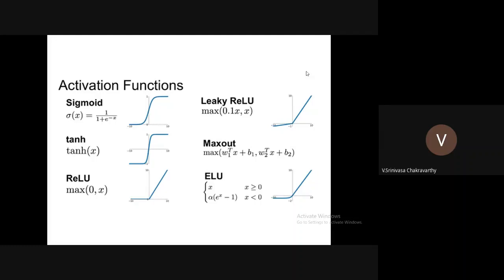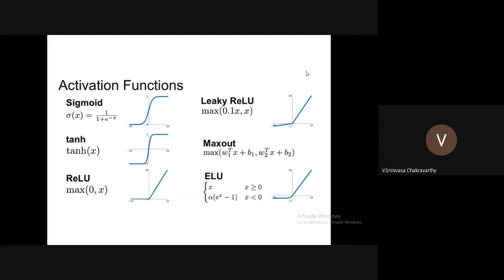So people found another function called ReLU, which stands for rectified linear unit, given by max of 0 and x. For x positive, the output is equal to x; for x negative, the output is equal to 0. It is given by this graph. Usually in the hidden layers, you use the ReLU function because you have a greater range of variation of the output.